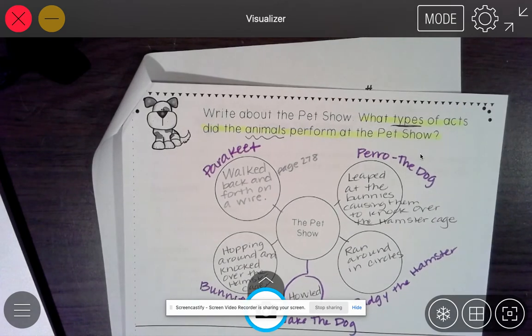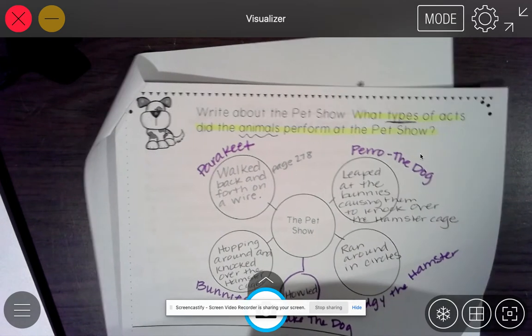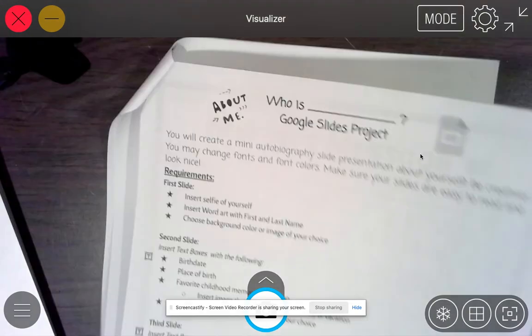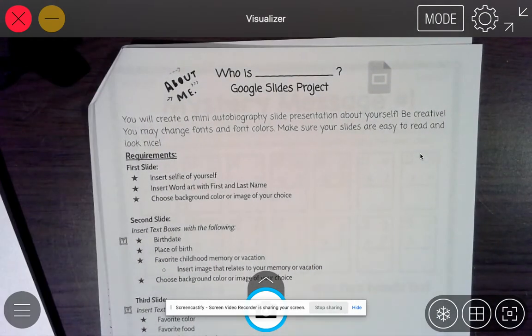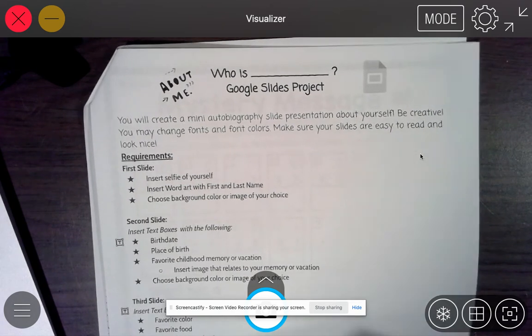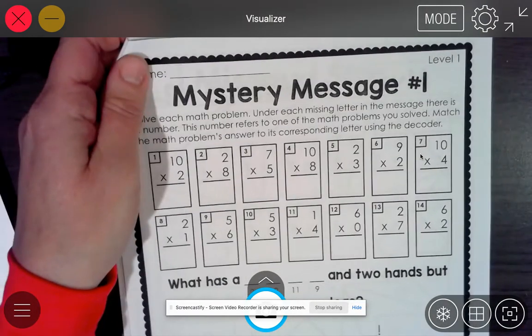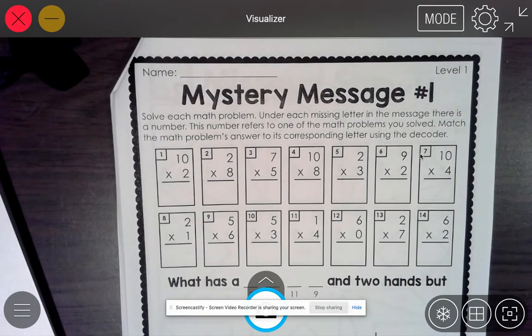And if you turn another page, you will see the assignment that some of you completed yesterday, your Google Slides project. And if you turn one more page, you will be on the math page that we're going to complete for today. So taking a look at that, we will get going here.